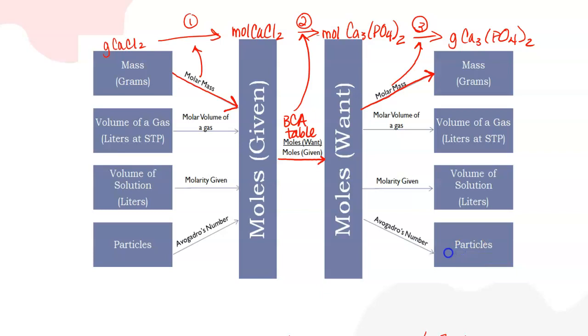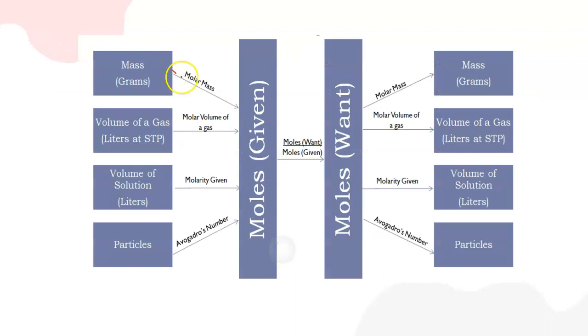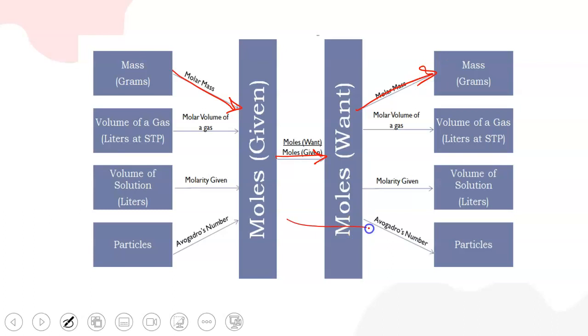So we are going to redo this problem, but this time we are going to look at it for dimensional analysis. Same question: we want to find grams of calcium phosphate, and we are given 25 grams of calcium chloride. So using our map, we go mass to moles, moles to moles, to mass.